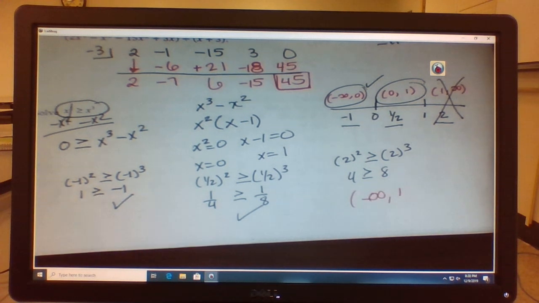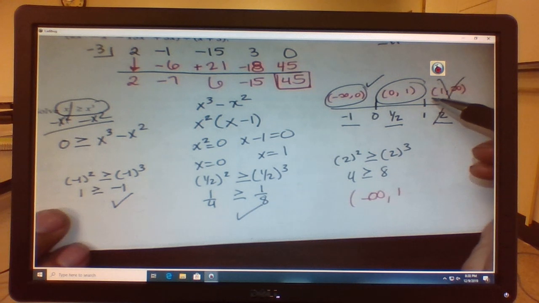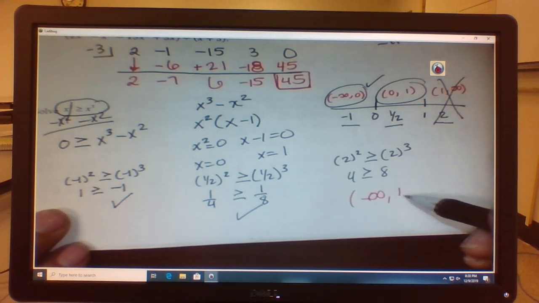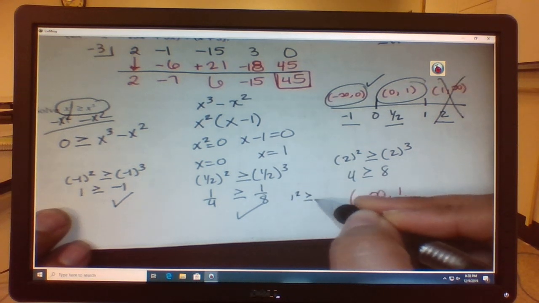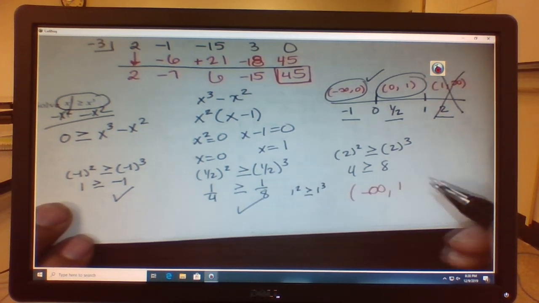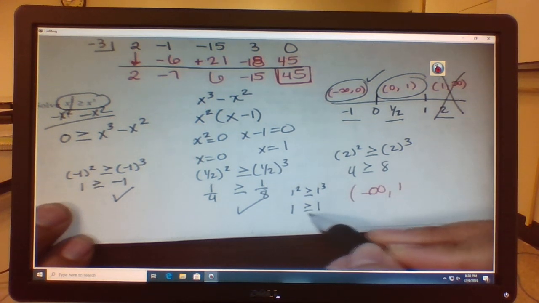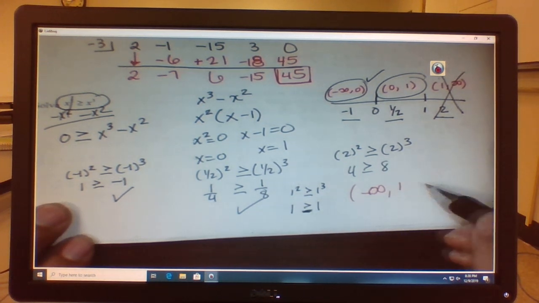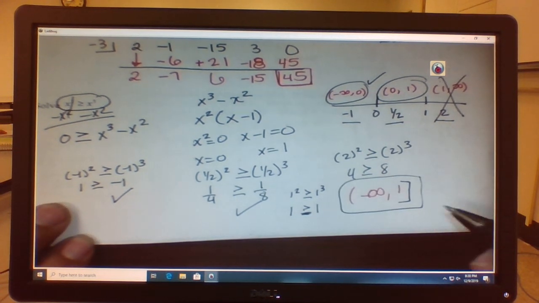But the question here is, is it going to include the 1 or not? So now I have to check the 1. What is 1 squared greater than or equal to 1 cubed? 1 squared is 1. 1 cubed is 1. But is it greater than or equal? Yes. So it includes it. This is going to be the same answer.